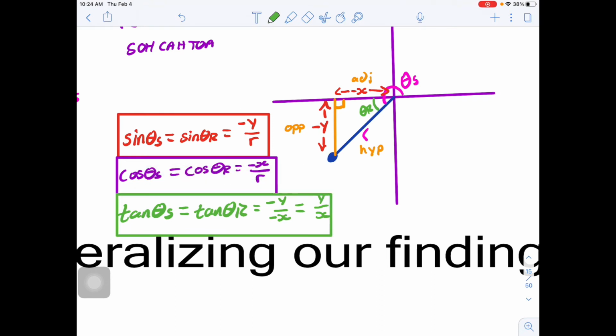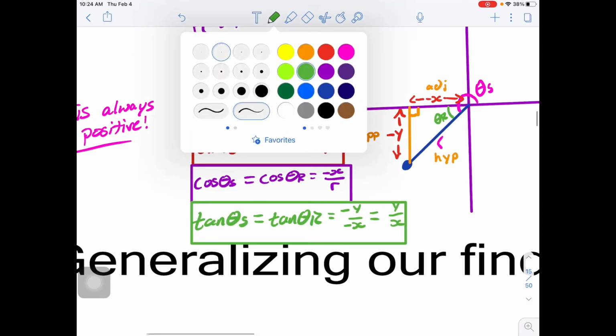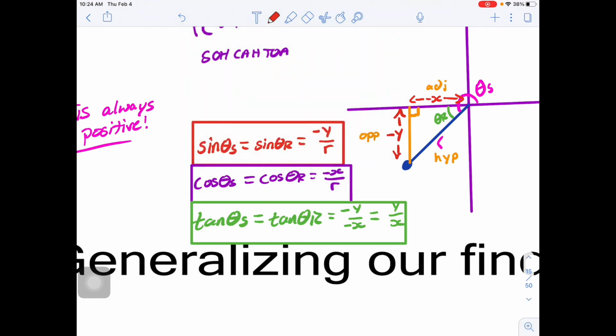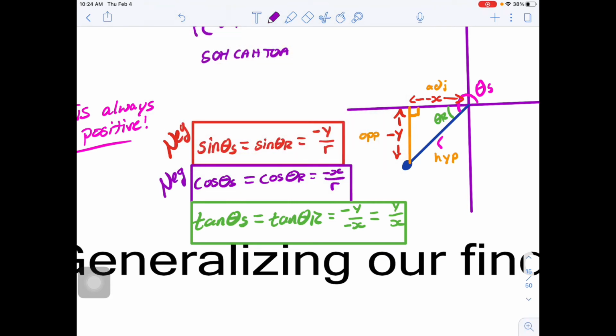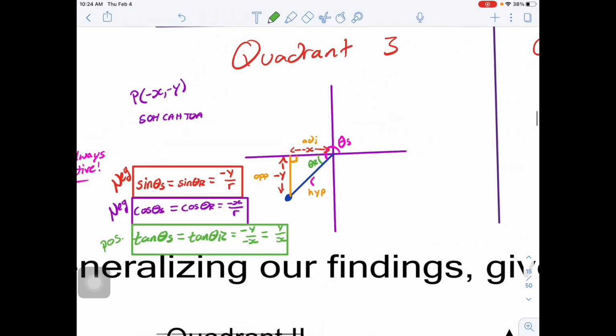Okay, so let's recognize some stuff. This is a negative ratio here. This is a negative ratio here. And then this is a positive ratio here. So when you have an angle that lives in quadrant 3, that means this angle is greater than 180 and smaller than 270.